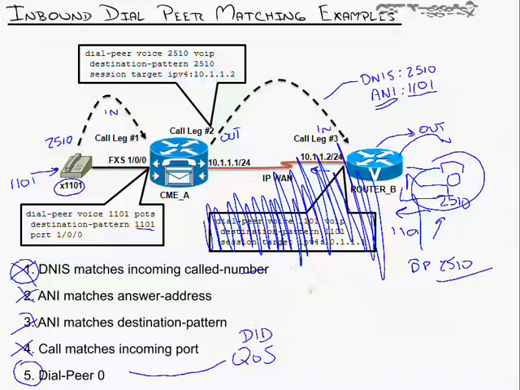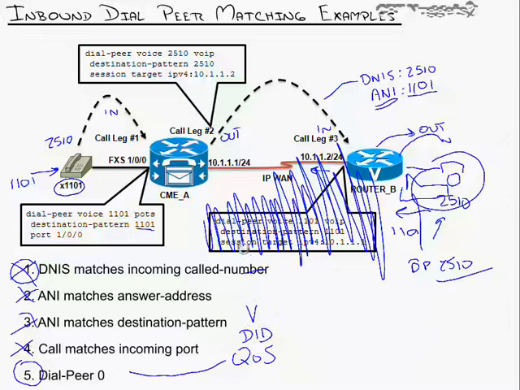Let's see what else. VAD, voice activity detection, is automatically enabled on dial peer 0 and cannot be turned off. So if VAD was causing problems for you, it would cause problems on that call. There's a lot of settings on dial peer 0. Those are the big ones that take over, that just kind of go into a default mode setting.